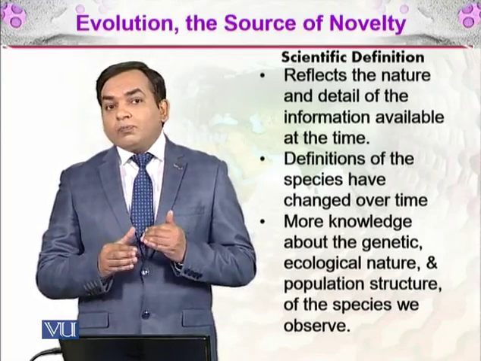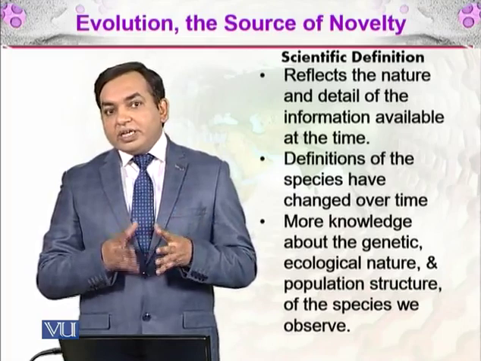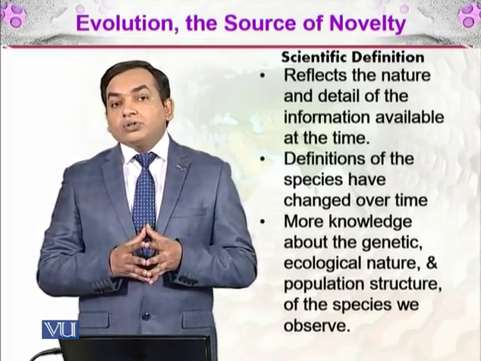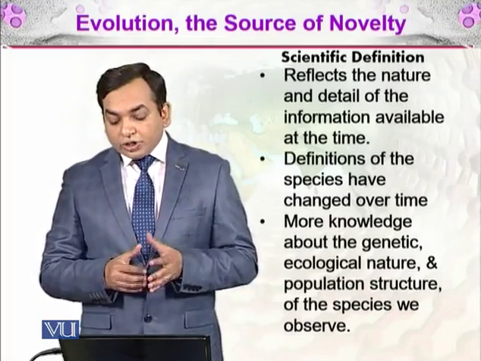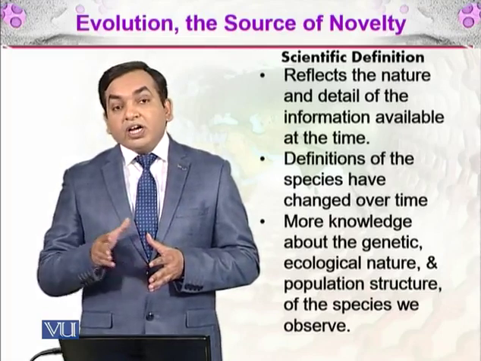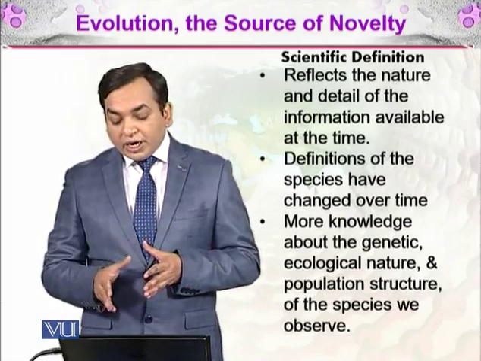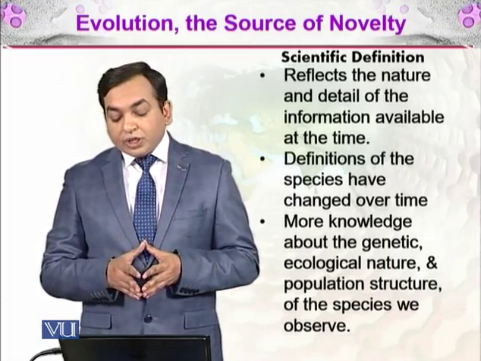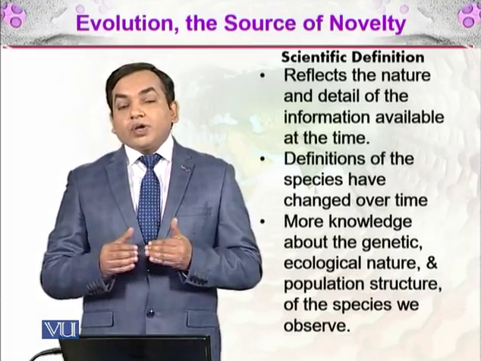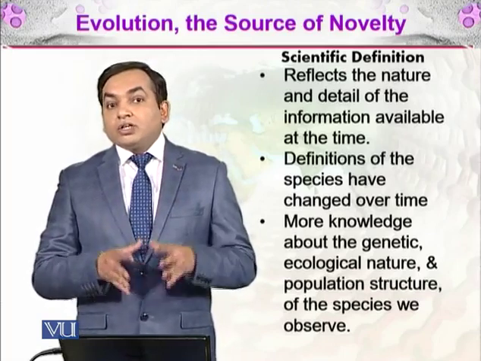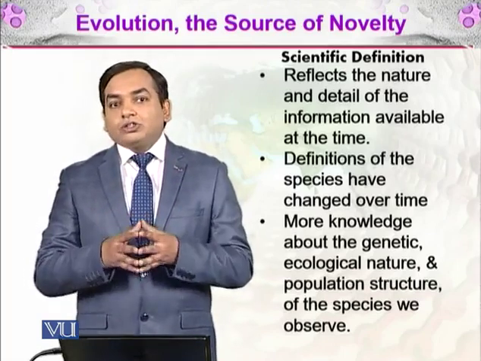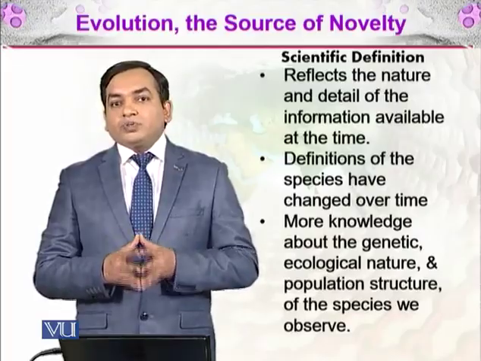As you know, as knowledge evolves, the definition of species also changes. So definitions of species have changed over time because the knowledge about the genetic, ecological nature and population structure of the species that we observe is also changing.